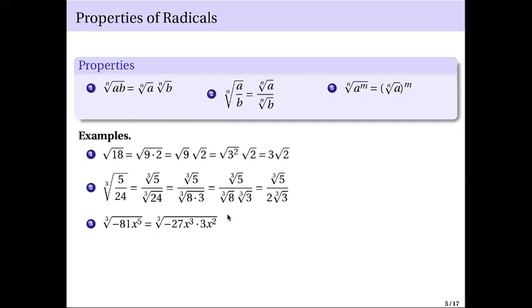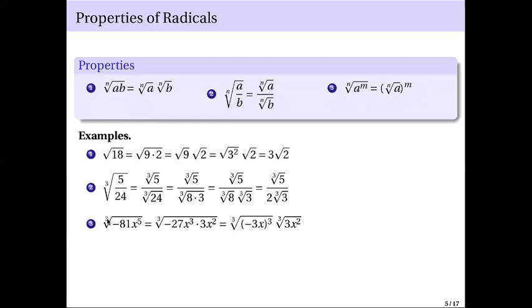And then we take the cube root of that. And just like I said, negative 27, it's negative 3 cubed. And then we have negative 3 cubed times x cubed. It can be written as negative 3x quantity cubed. Okay? And then using this property number 1 here, we separate the two guys. This negative 27x cubed times 3x squared.